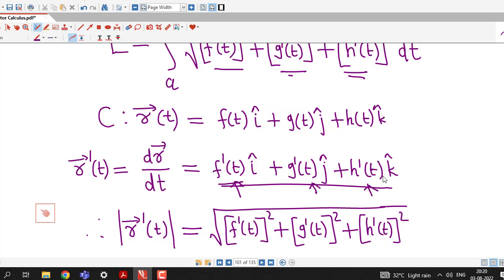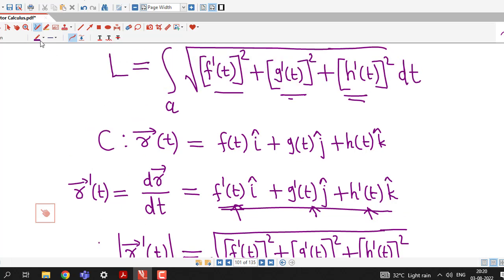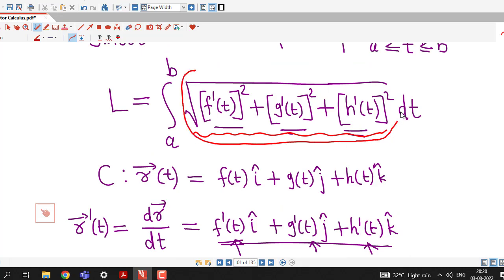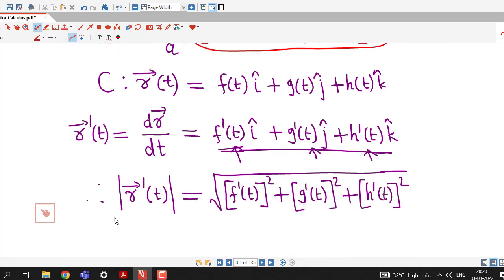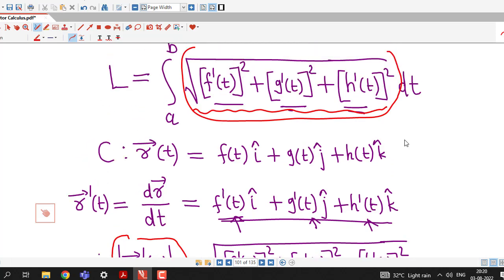Now you can observe that if we compare these two, this quantity is nothing but the length of the vector dr bar by dt, or r bar dash t. So instead of writing in this way, we can simply write this as the integral from a to b of the length of r bar dash t, and we integrate this length of r bar dash t with respect to t.